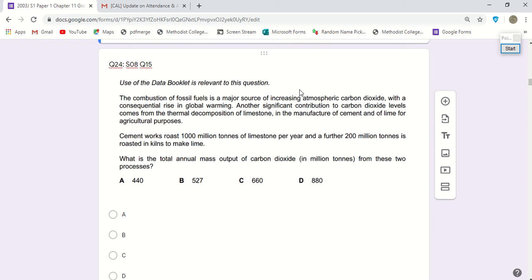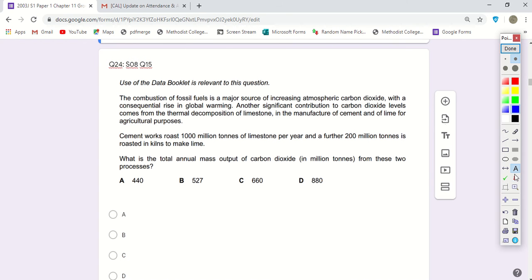So first of all, you must know what is limestone. I think I kind of taught you how to remember what is limestone, what is lime. So first, we must know limestone is calcium carbonate, and lime is calcium oxide.